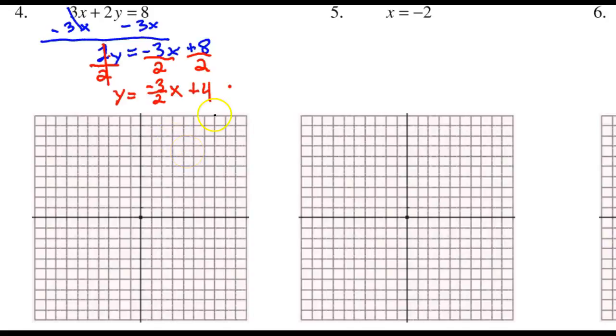And then same steps for graphing. Let's start at 4. 1, 2, 3, and 4. This slope is going to make us go down 3 to the right 2. So 1, 2, 3 down, 1, 2 to the right, and do that several times. We could go the other direction as well: up 1, 2, 3, left 1, 2.